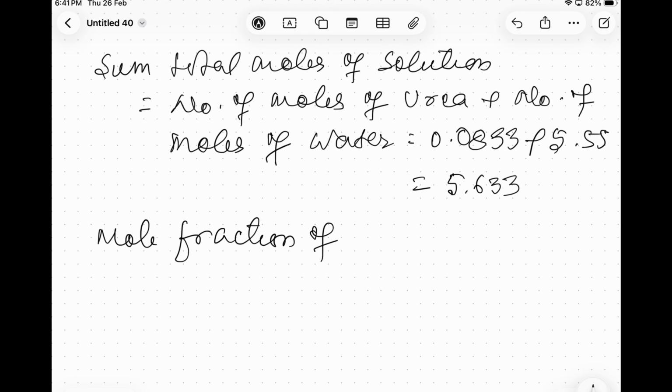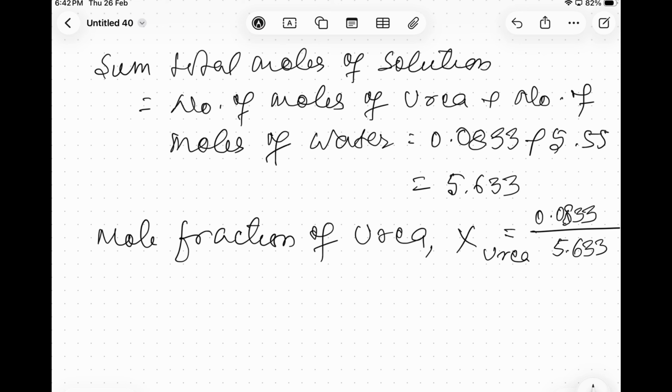So mole fraction of urea, that is X urea, is equal to mole of urea, that is 0.0833, by 5.633.